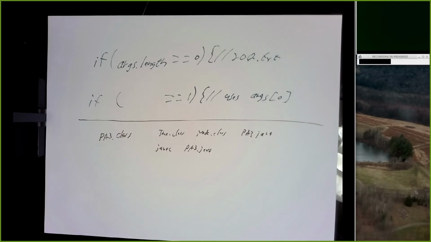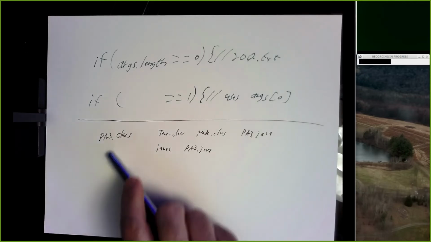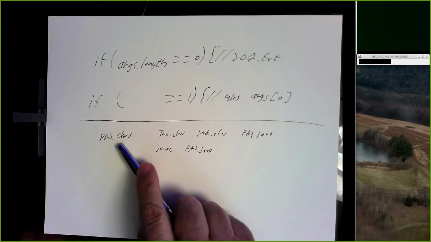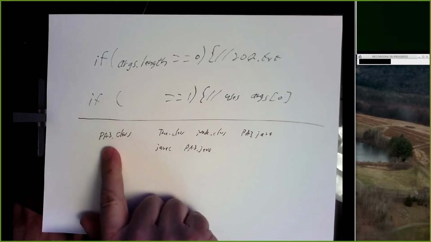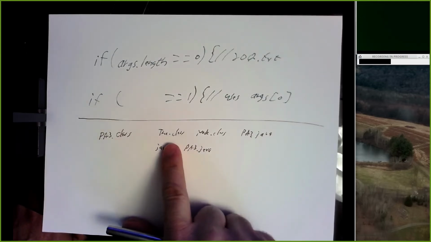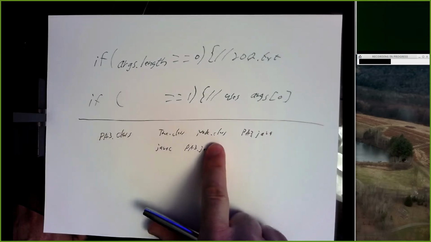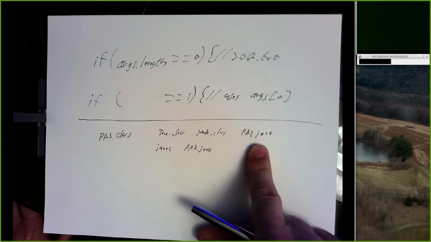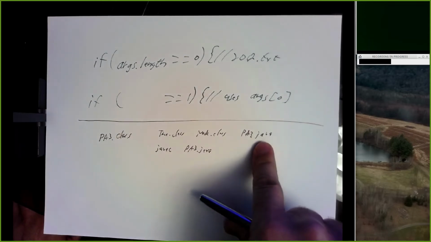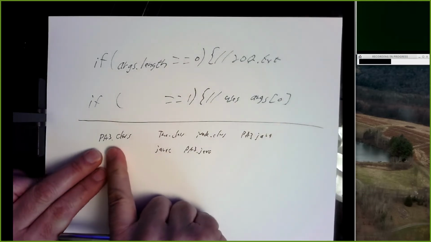So what is this first pair of lines in my makefile saying? The main thing I want to come away with when I say make is pa3.class. That's kind of like our executable file, but it's our main class file. And for this to be up to date, I need tree.class to be up to date and node.class to be up to date, and I need pa3.java. So if pa3.java changes, it will say, hey, I need to rebuild the class file.